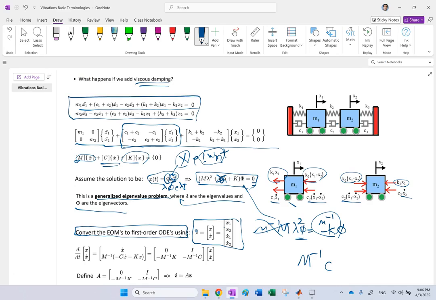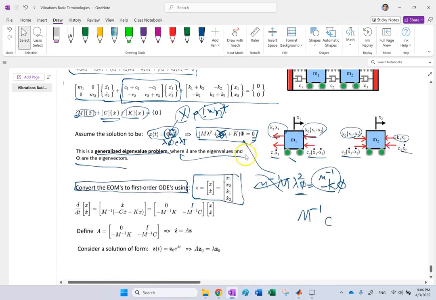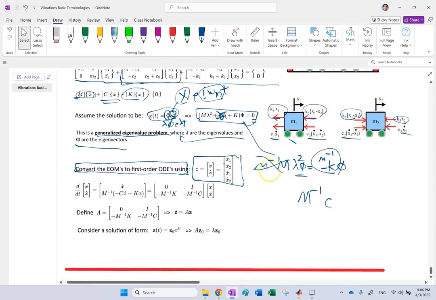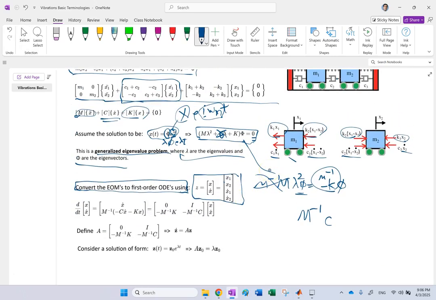So the first thing is pick 4 dummy variables. Which dummy variables? It's up to you. The simplest thing you can pick is x1 and x2 and then x1 dot and x2 dot. If you pick these and call it z vector, then you can write the 4 first order ODEs in terms of z. Well, let me show you how.